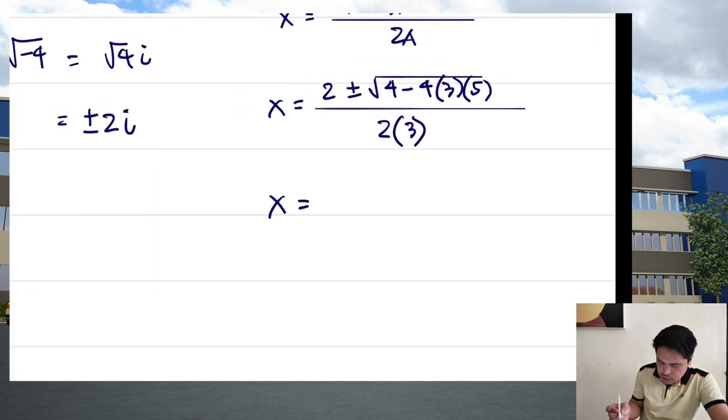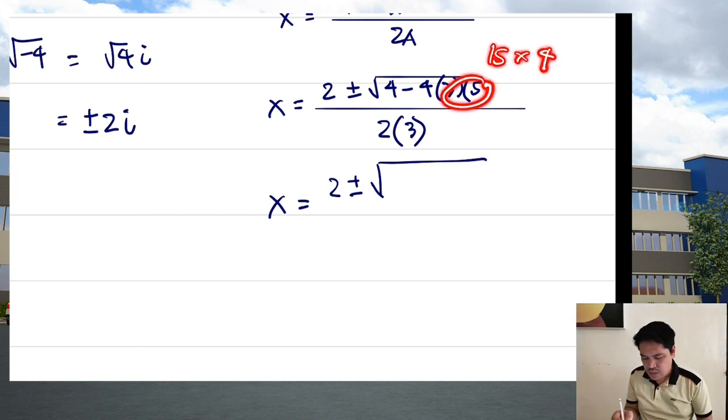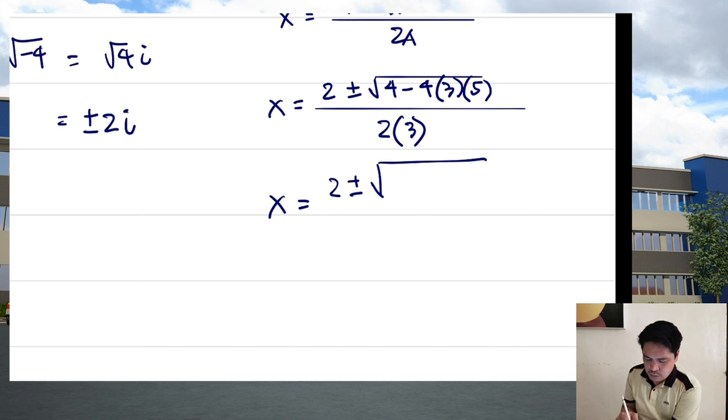So, continue natin. We'll have 2 plus minus the square root of, take a look at this. So, negative siya. So, this is actually 15 times 4. Tama ba ito? 15 times 4. So, that's 60. So, 4 minus 60 is negative 56.